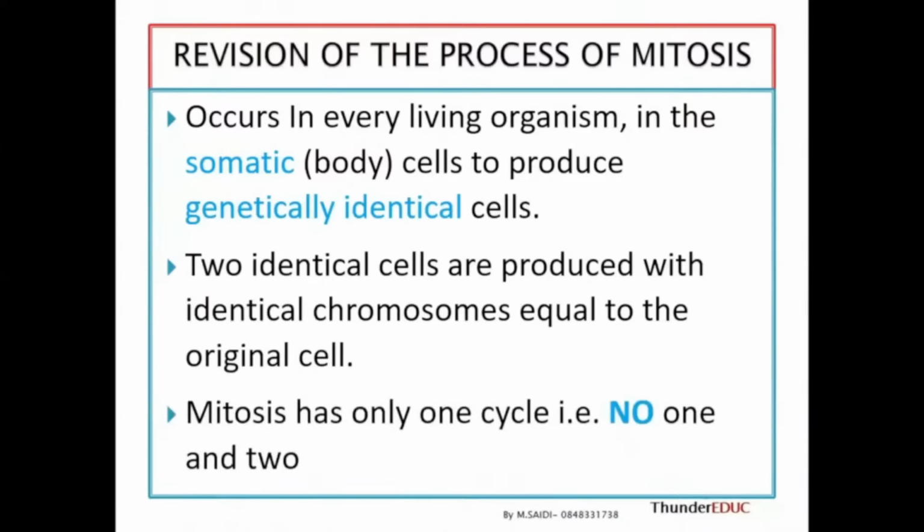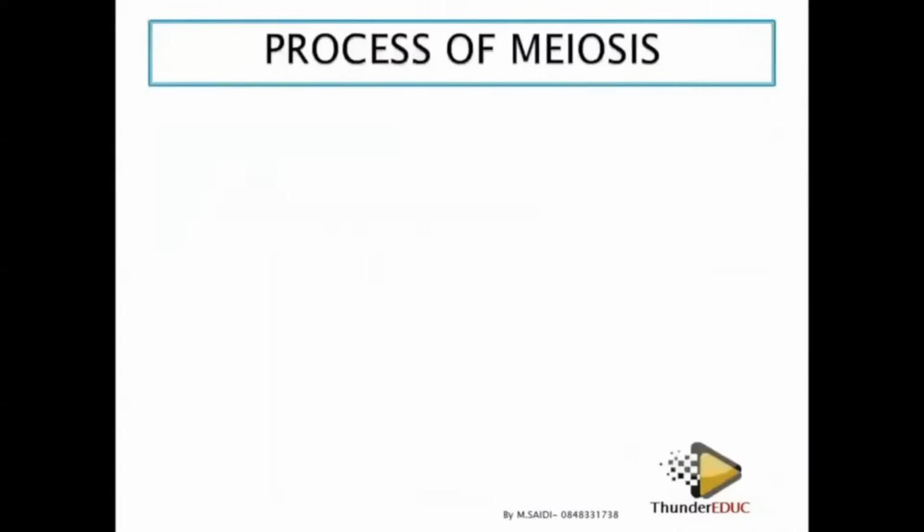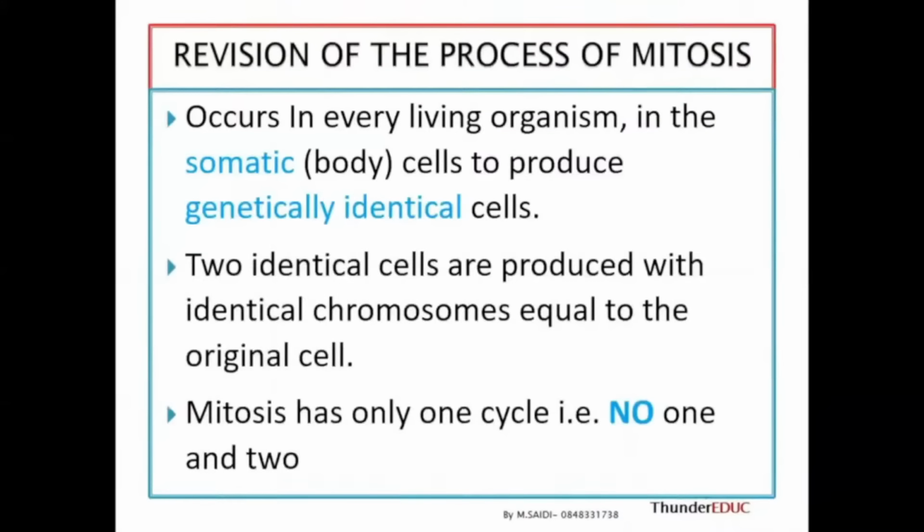Mitosis has only one cell cycle, it doesn't have mitosis 1 and mitosis 2. Meiosis, on the other hand, has two cell cycles, meaning it has meiosis 1 and meiosis 2.